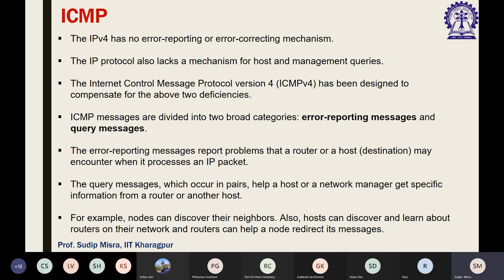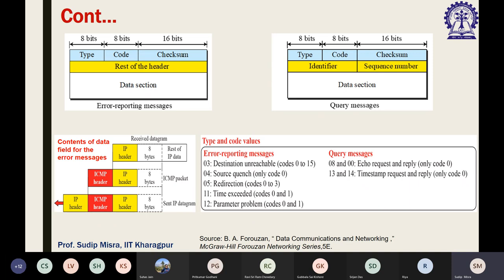Those kinds of information it can get. For example, nodes can discover their neighbors. Also hosts can discover and learn about routers on their network, and routers can help a node redirect their messages. So these are within the purview of ICMP.